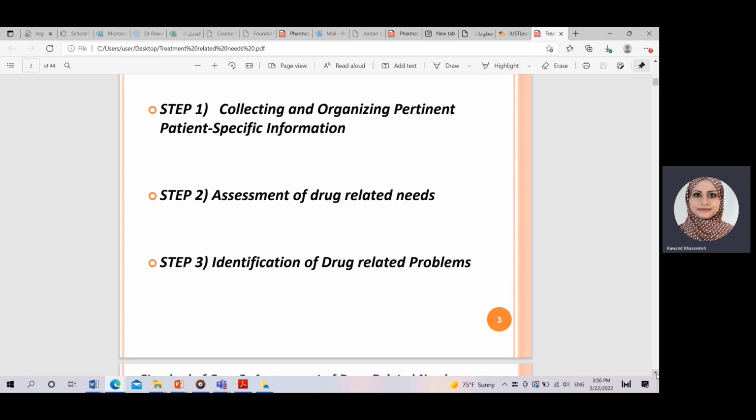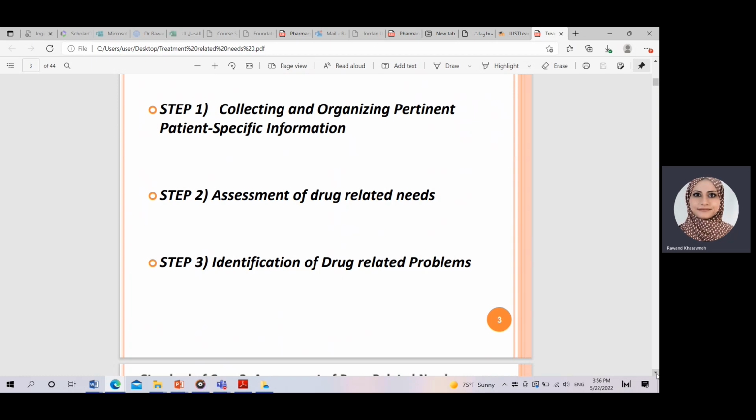During this step, we have to analyze the collected data to determine if the patient's drug-related needs are being met. We have to make sure that all the patient's prescribed medications are appropriately indicated, the most effective available options are selected, and the safest option is prescribed.